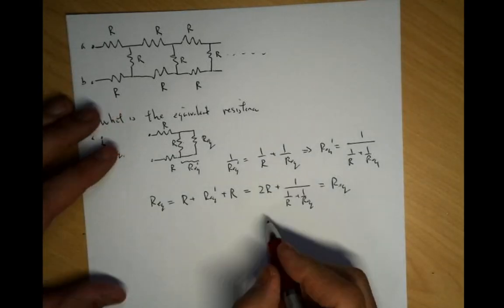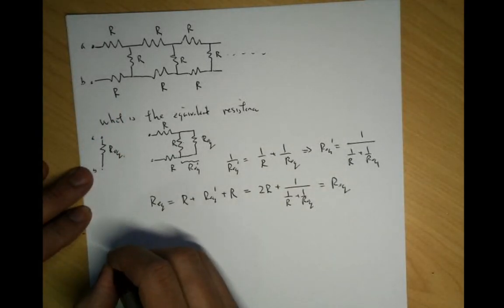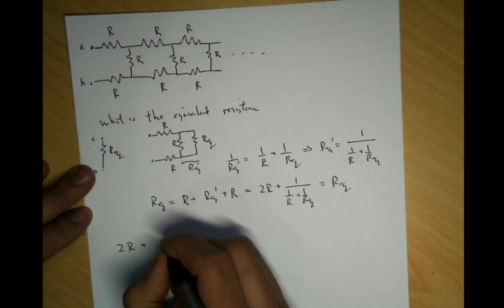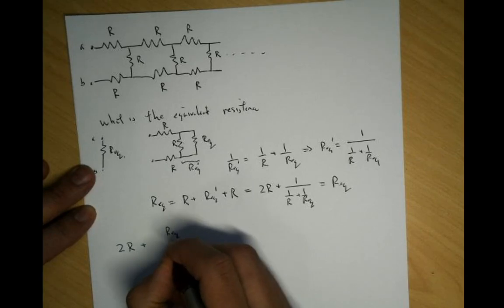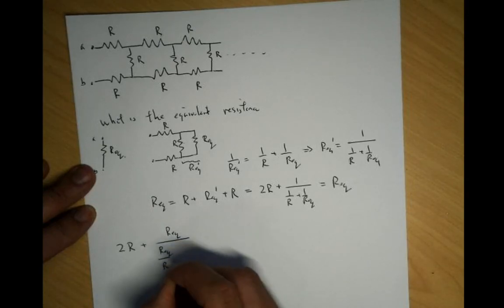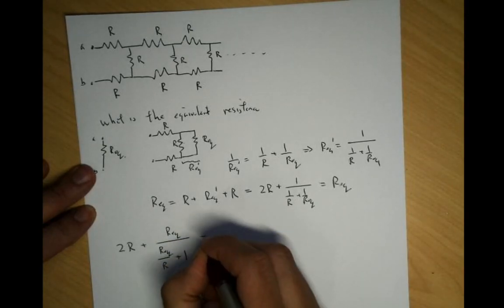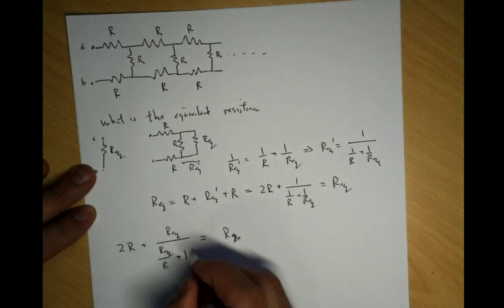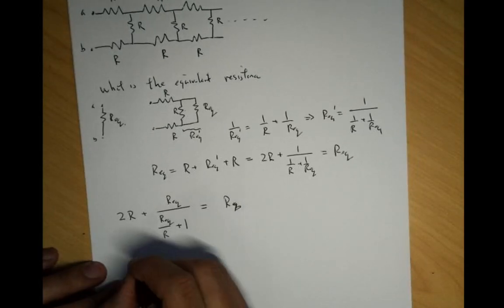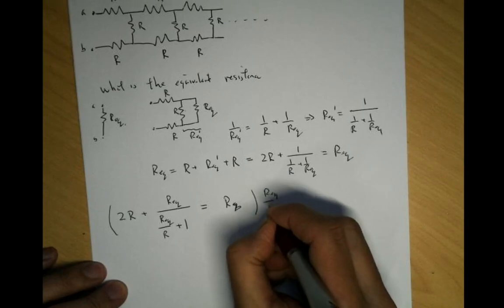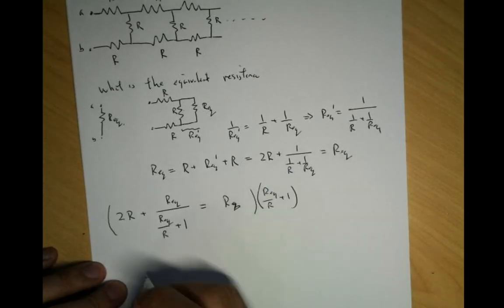You realize you could rewrite this one as, let's see, 2R plus, I'm going to bring the R equivalent on top, writing this as R equivalent over R plus R equivalent. That's equal to R equivalent. Okay. Now multiply everything by R plus R equivalent over R equivalent.